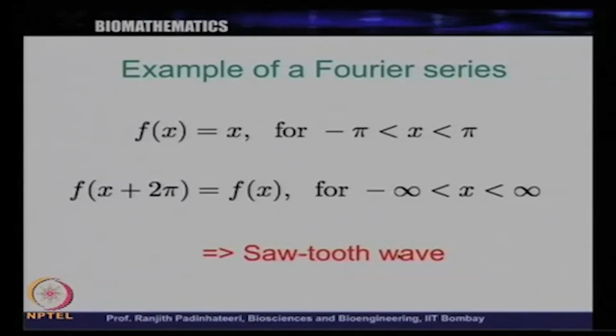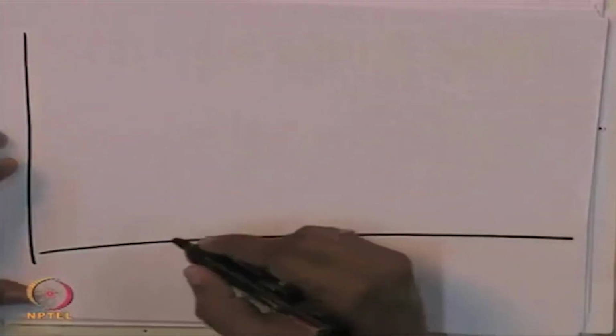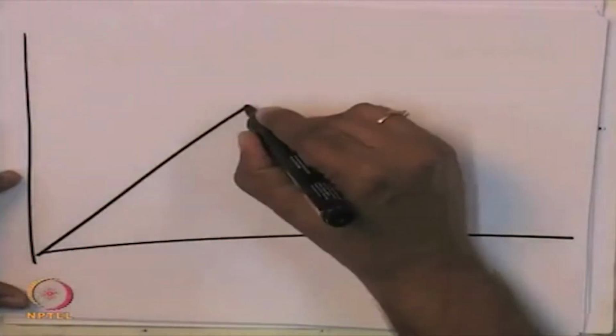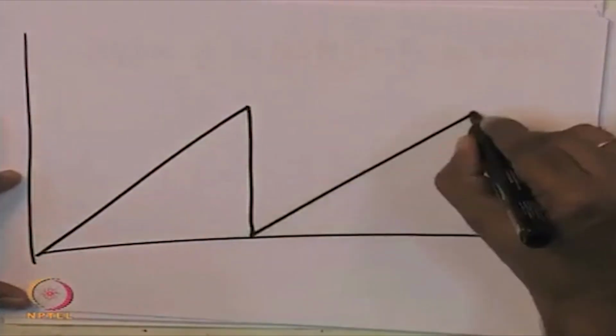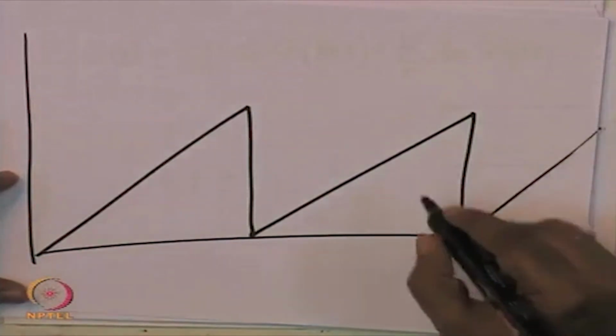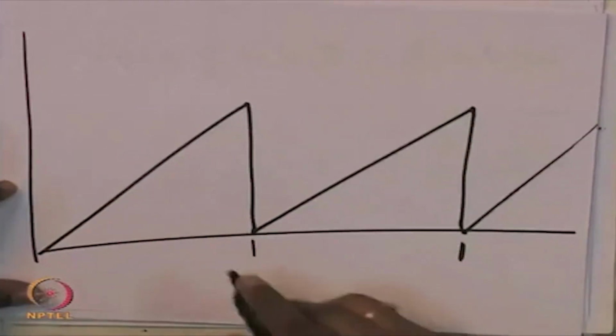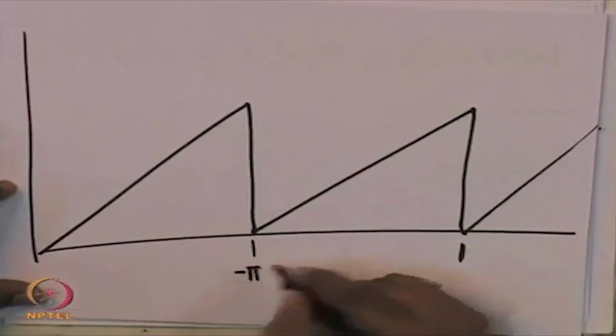So, how do we represent this sawtooth wave? We can represent the sawtooth wave something like this. Let us call these two points minus pi and plus pi.